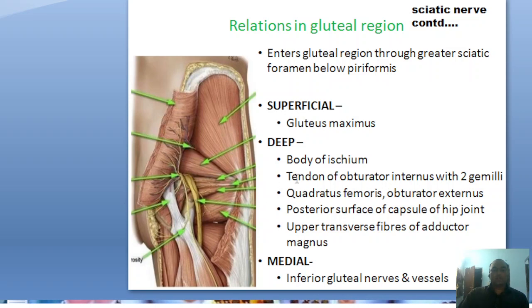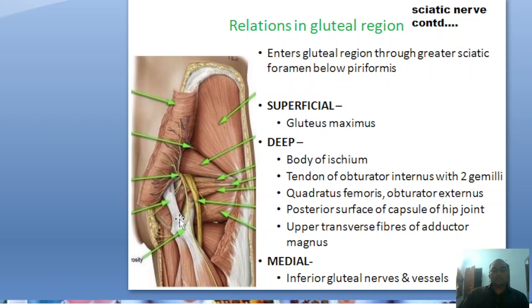Deeply, it is related to the body of the ischium, the obturator internus with the 2 gemelli, the tendon of obturator internus with the 2 gemelli, quadratus femoris, obturator externus, and the upper transverse fibers of the adductor magnus muscle. So this is the deep relation of the sciatic nerve in the gluteal region.